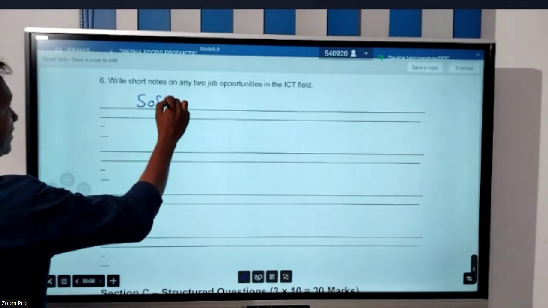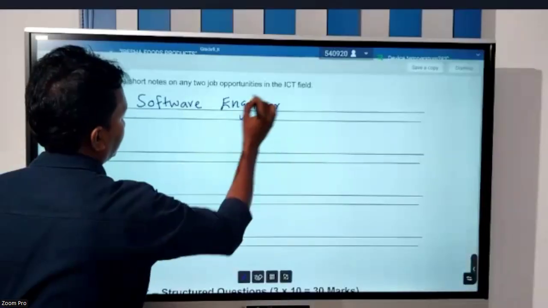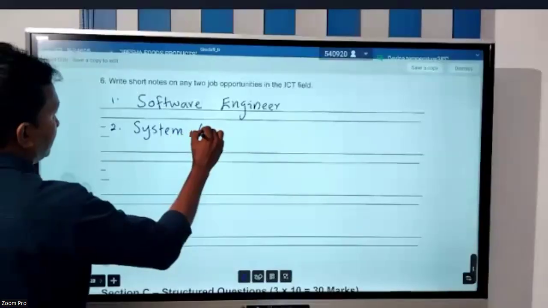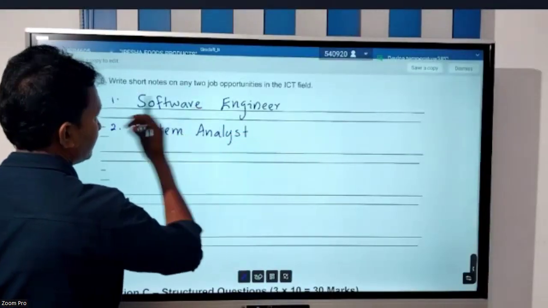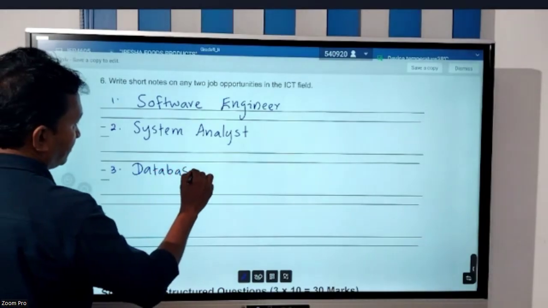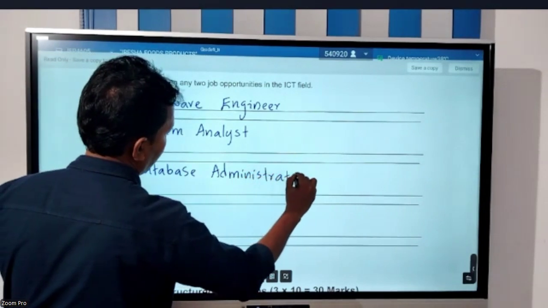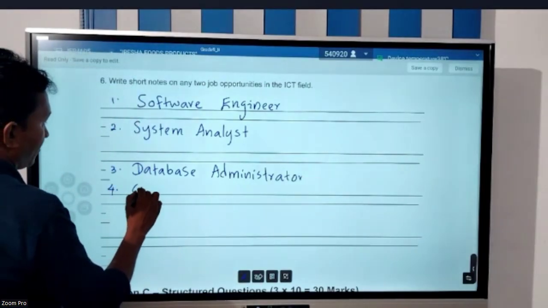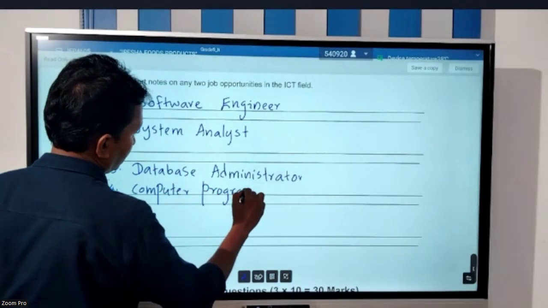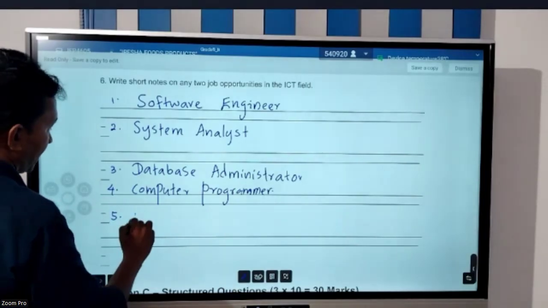Software engineer, system analyst, database administrator, computer programmer, and network administrator.